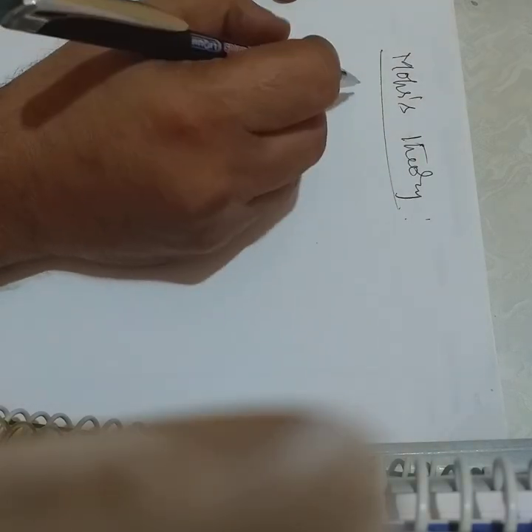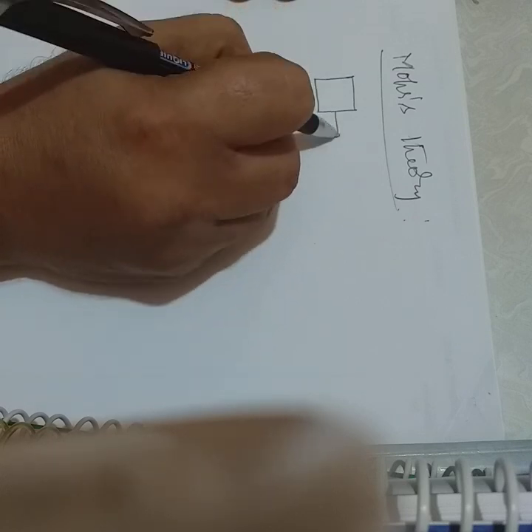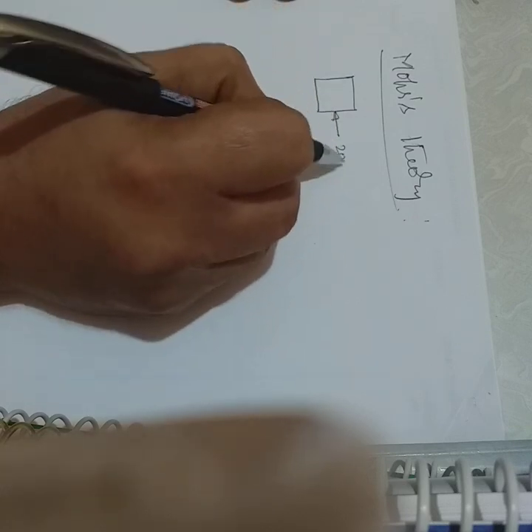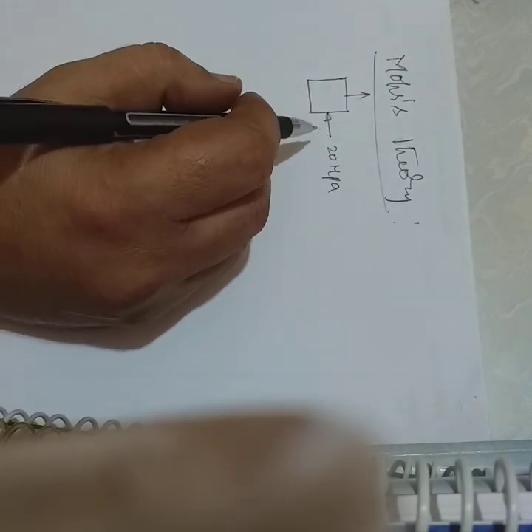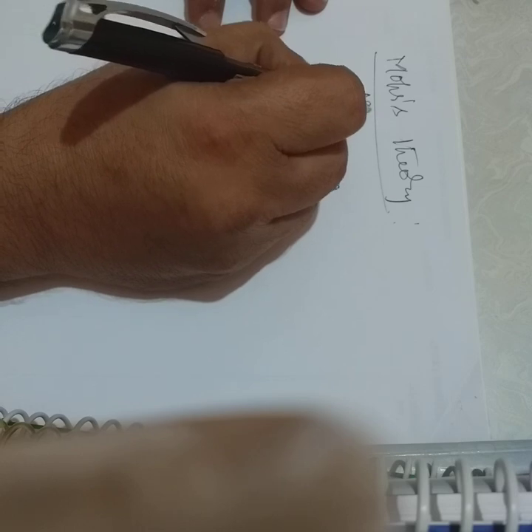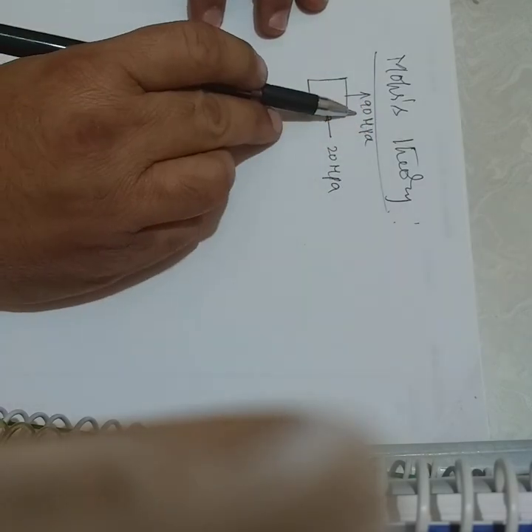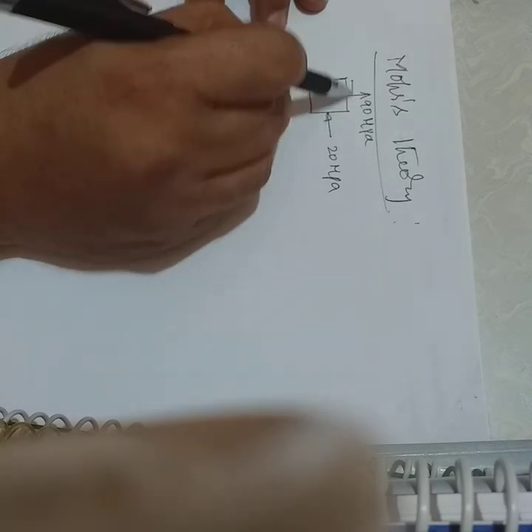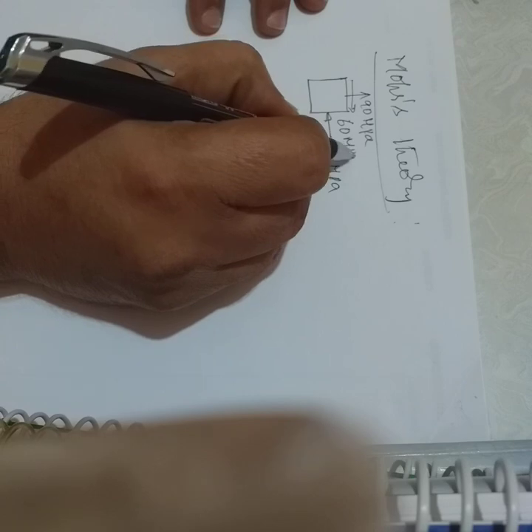Now we can take an element of a member which is subjected to multi-axial loading. I just take this as an example. This is an element of a body which is subjected to a biaxial or triaxial stress system of 20 megapascal in the x direction, 90 megapascal in the y direction, and it is also subjected to a shear stress of 60 megapascal.